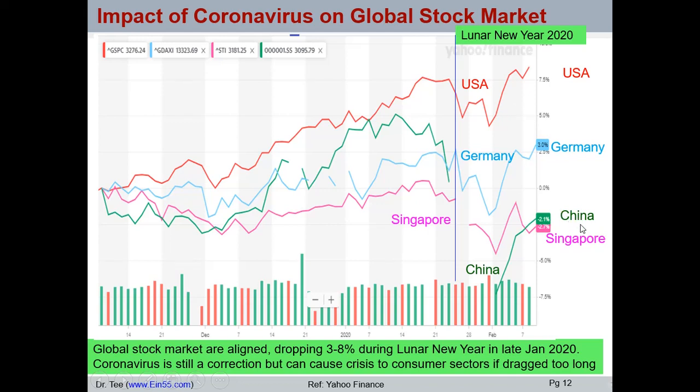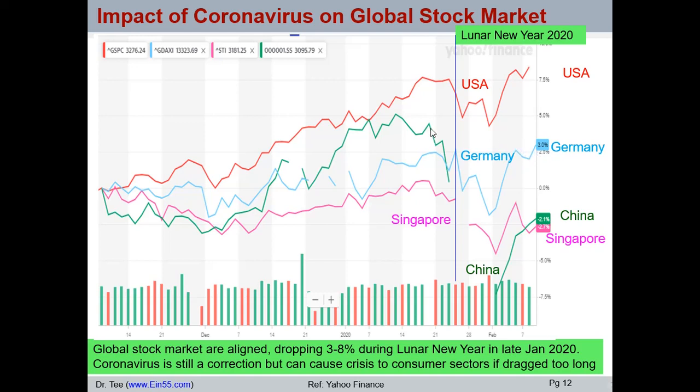China currently contributes roughly 15% to the whole world, versus in the year 2003, when SARS was happening. During the SARS time, China only contributed roughly 5% to the whole world. So that's why with SARS, the impact was probably more on the regional or local market, not exactly on the whole world.